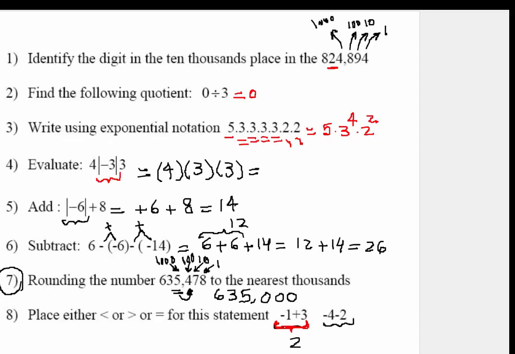On the left-hand side, you have 2 and on the right-hand side, -6. So in order to see which one of these is larger, which one is larger, 2 or -6? So I have to place the symbol in such a way that the larger number would stay inside the symbol. So that's how you would show the symbol.